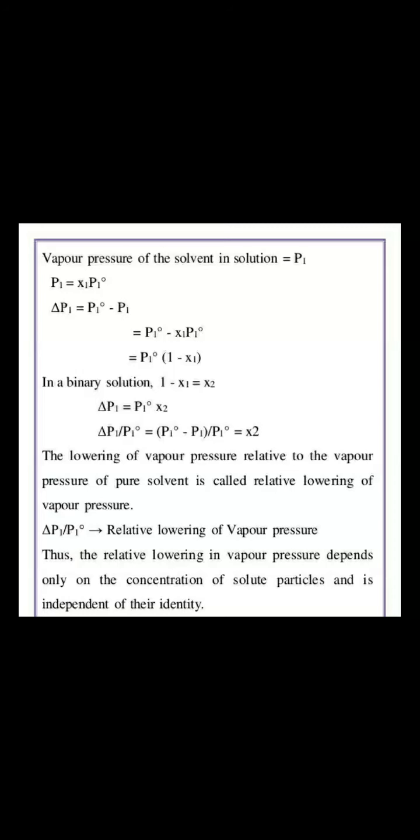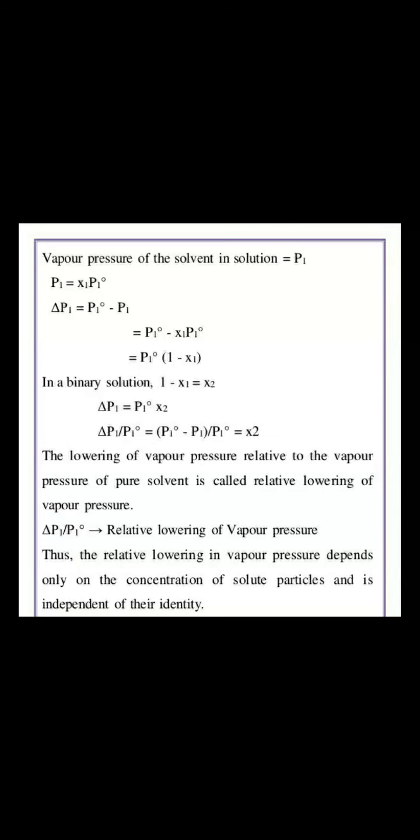Now relative lowering of vapor pressure, delta P upon P1 naught, is equal to x2. Thus the lowering of vapor pressure relative to the vapor pressure of pure solvent, that is relative lowering of vapor pressure, is equal to the mole fraction of non-volatile solute.